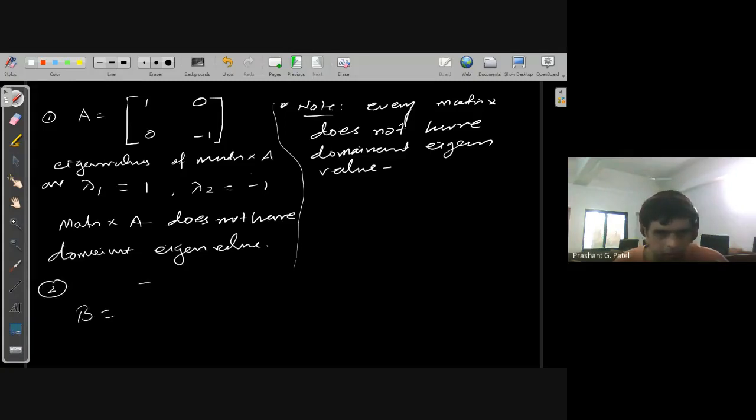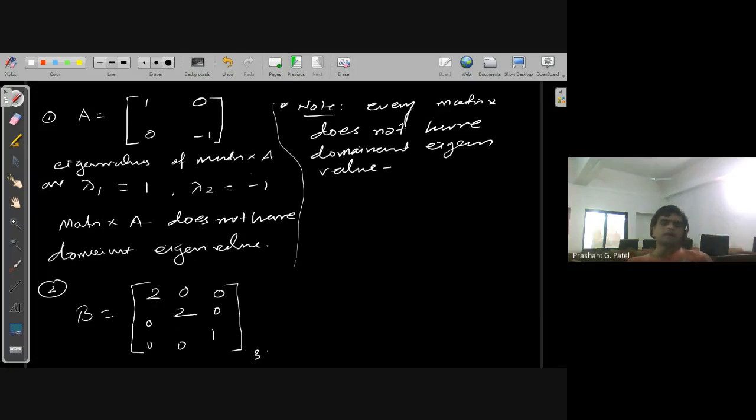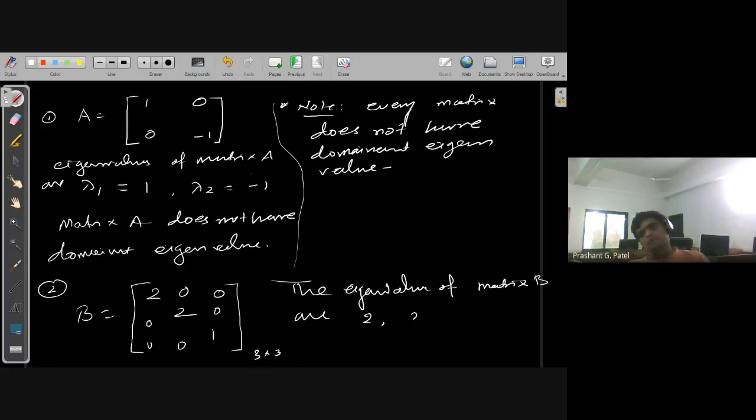Let's take another example, B equal to 2 in the first two diagonal entries, 1 in the last, and the rest of the entries 0. This is a 3 by 3 matrix. Here the eigenvalues of matrix B are 2, 2 and 1.